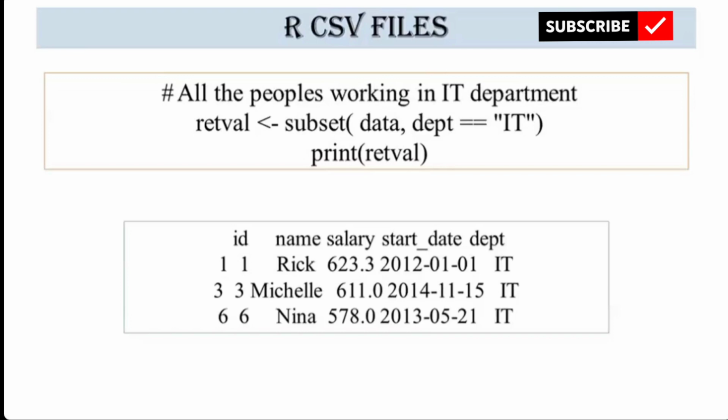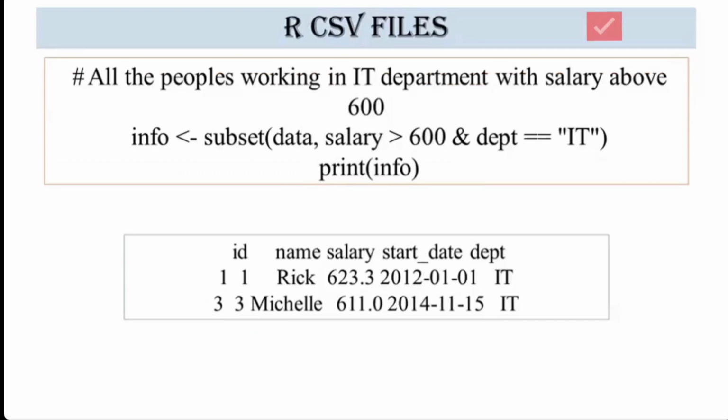If I want the data of the people working in the IT department, I can use subset on the data and identify department equal to IT. It will show that Rick, Michelle, and Dina are in the IT department. If I want those who are working in the IT department with a salary above 600, I need to use the command data salary more than 600 and department equal to IT.